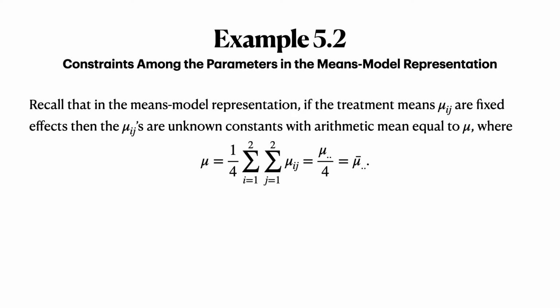And we've shown those calculations here. In addition to denoting this overall mean of the treatment combinations as mu, we can denote it as mu bar dot dot if we want to emphasize how we're calculating it, and the fact that it is the arithmetic mean of the various treatment combination means.